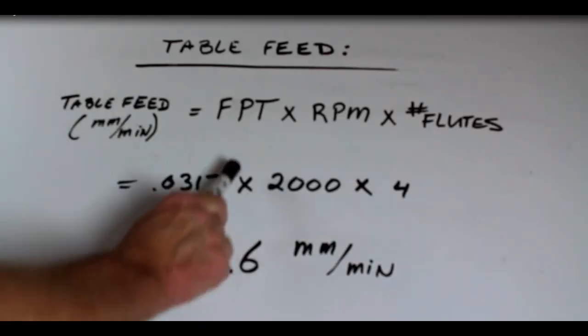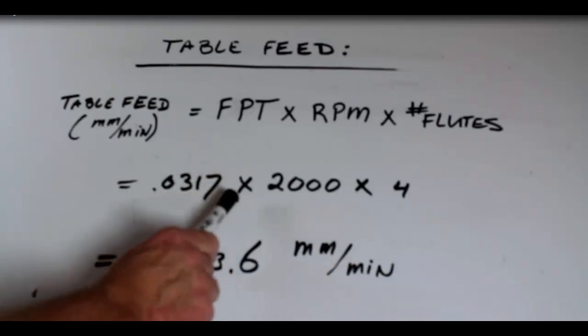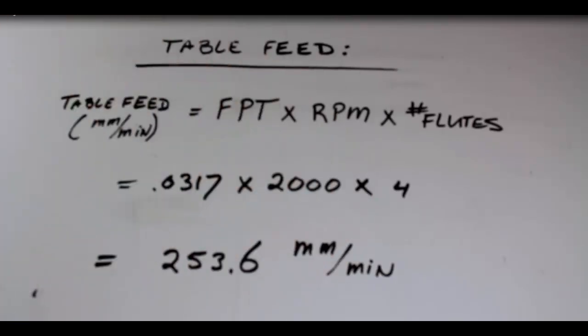We're going to use the same 0.0317 from our previous formula, multiply that times 2000 RPM times 4 flutes, and to be exact, we'll come up with 253.6 millimeters per minute. That's it for millimeter feeds and speeds.